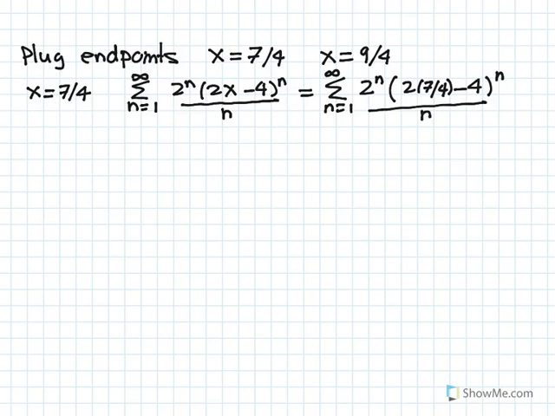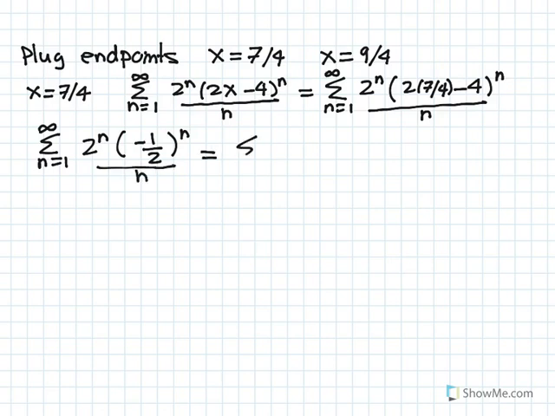If we simplify this, 2 times 7/4 is 7/2, minus 4, that's 3.5 minus 4, which gives us negative 1/2.